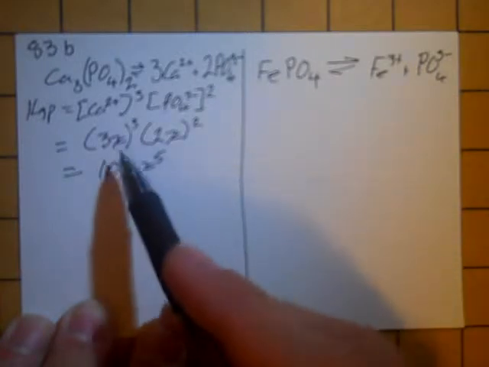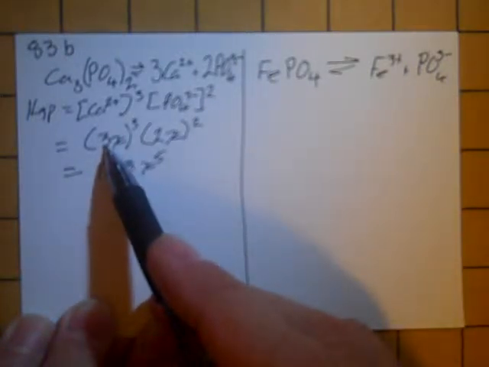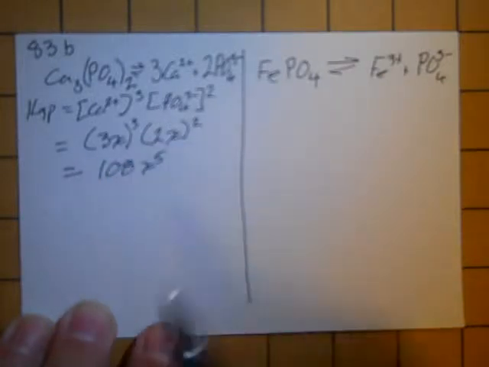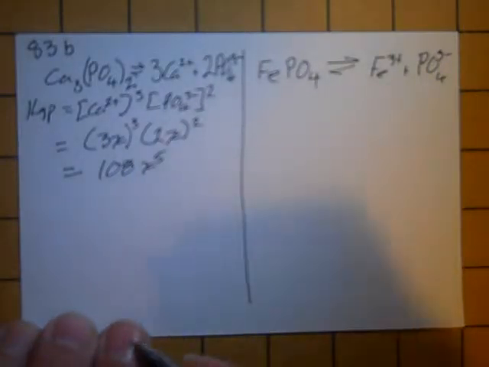If you want to go through and do it step by step, this turns into 27x cubed, this turns into 4x squared, 27 times 4 is 108, and x cubed times x squared is x to the 5th.